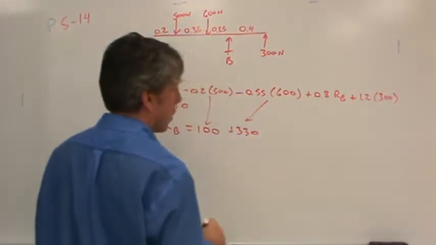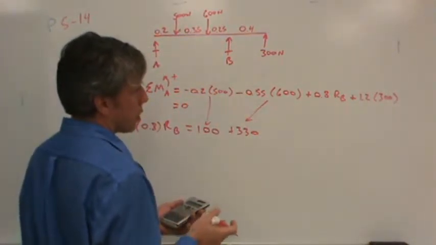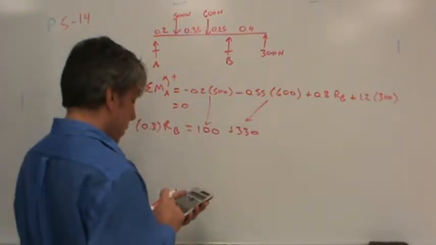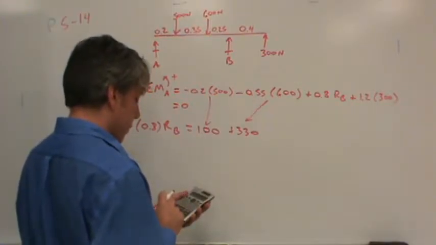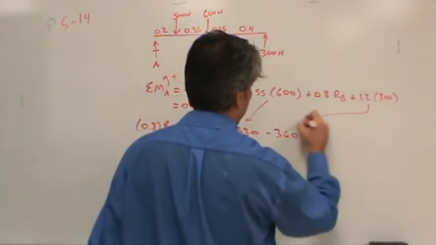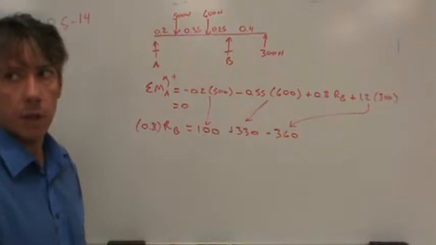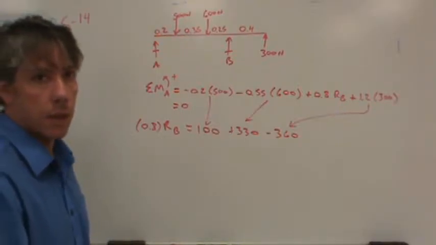And this one, 1.2 of 300, let's see, 20% would be 60. I think it's 360, right? Yeah, 360. So minus 360. Do you see why I flipped the signs? All I did was move them to the opposite side of the equation. So far, so good? All right.